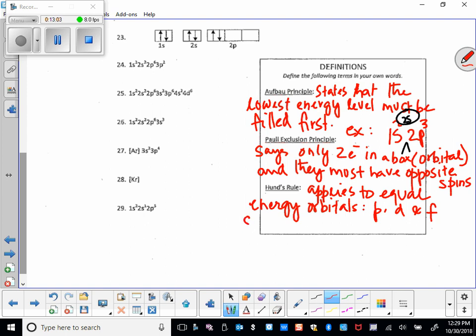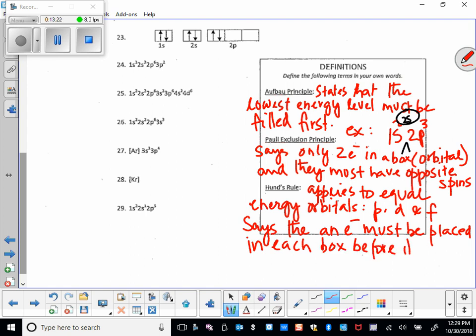Hund's rule says that an electron must be placed in each box before it is paired. Does that make sense? Do you understand? So for example, if I have 3 electrons in p, can I put them like that? Can I put 3 electrons like that in p? No. How should you place them?